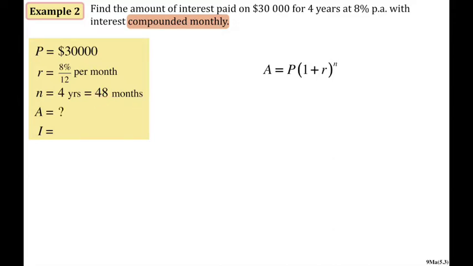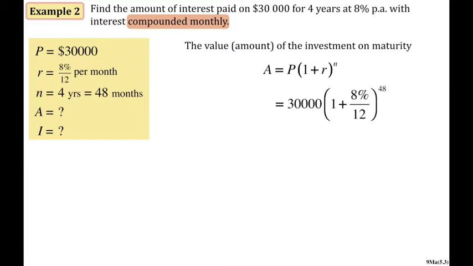I want to find out the full amount I end up with, which will then allow me to find out how much interest I was earning on this particular question. So let's put in our formula. What we do know is this: the principal's 30,000. 1 plus R. R is 8% over 12.